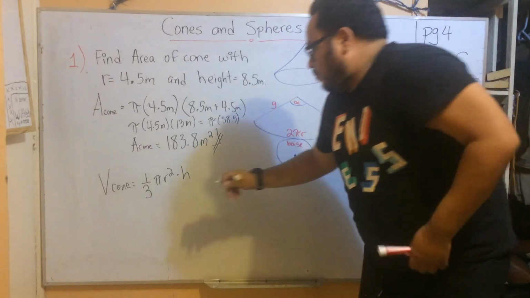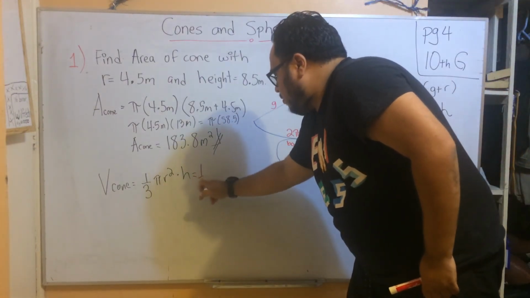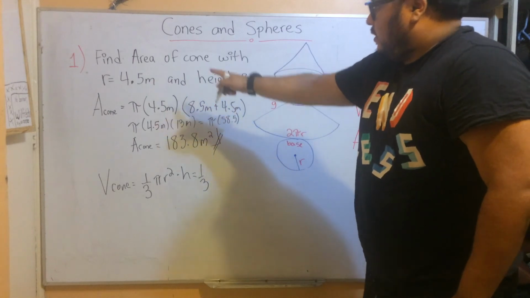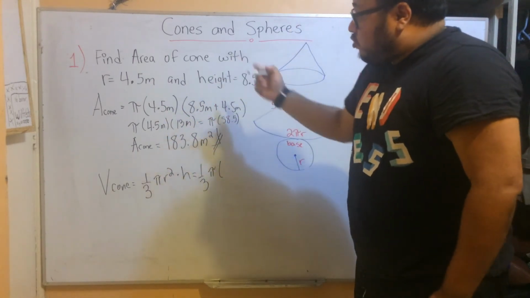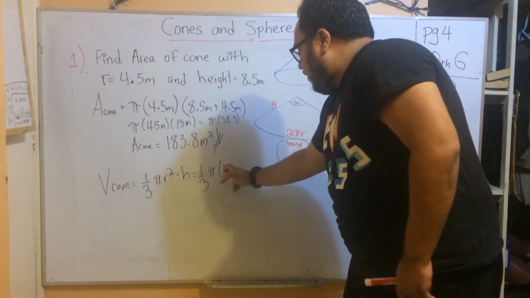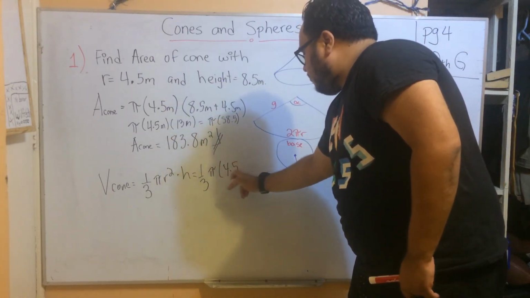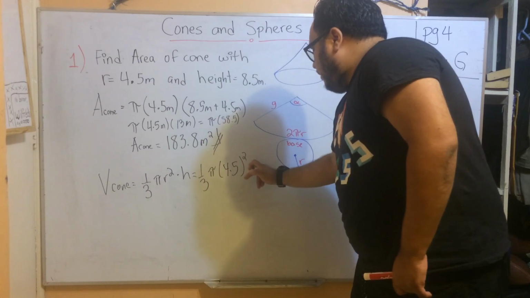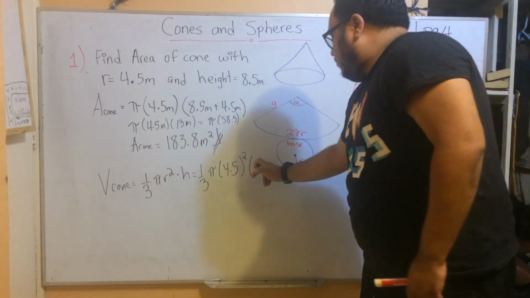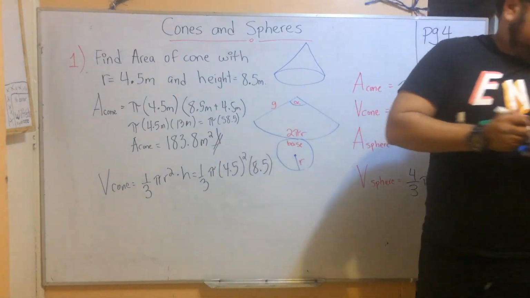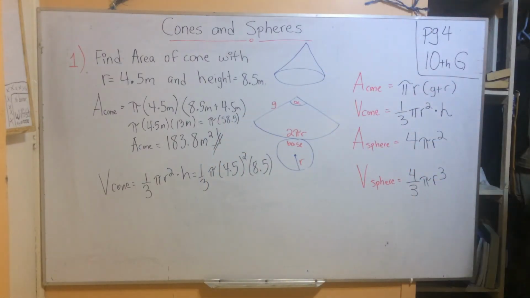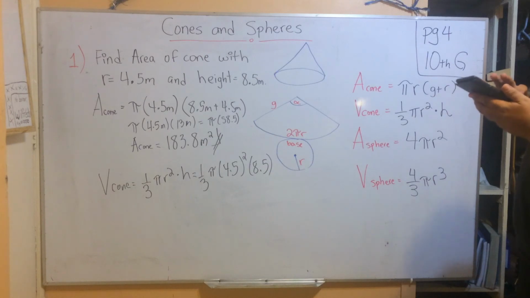So we put in our values. 1/3, the first one is pi, the radius is squared, so it's 4.5 squared, times the height, which would be 8.5. So let's come back to our calculators.